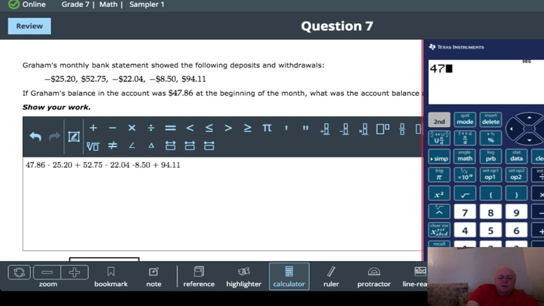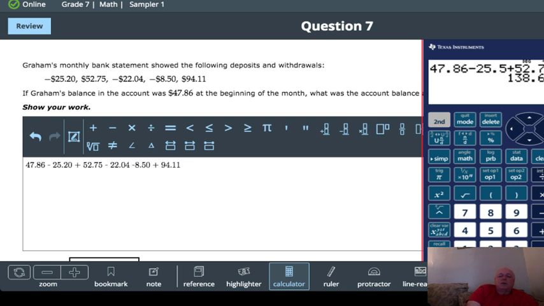This thing wipes out the whole thing. 47.86 minus 25.5 plus 52.75 minus 22.04 minus 8.5 plus 94.11. By the way, if you notice, I'm just putting 8.5 and 25.2 because the zero is really not going to matter. And we end up with 138.68 if I type that in right.